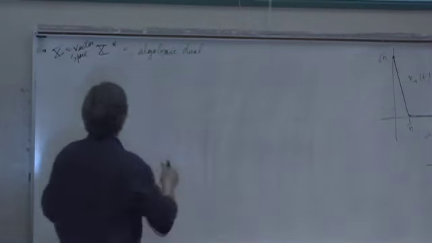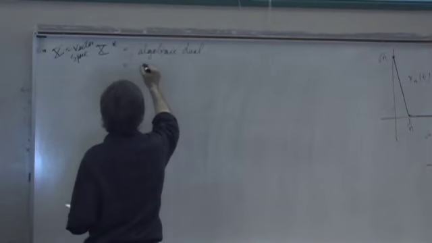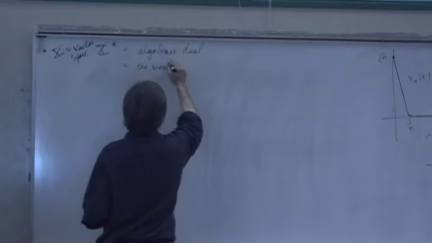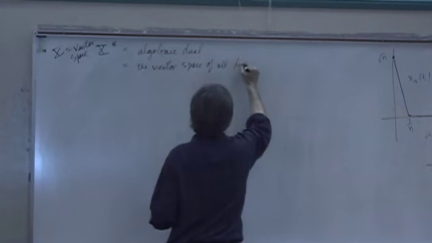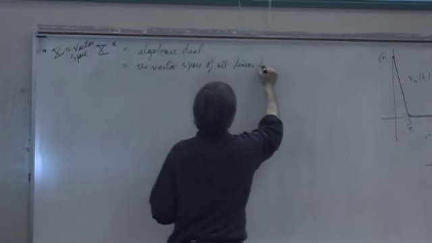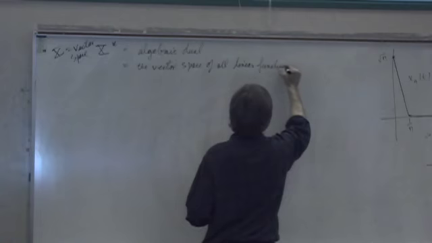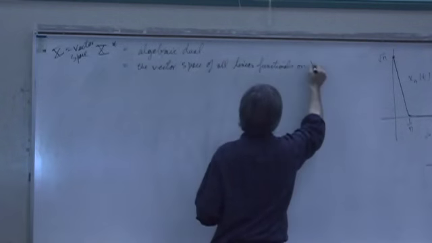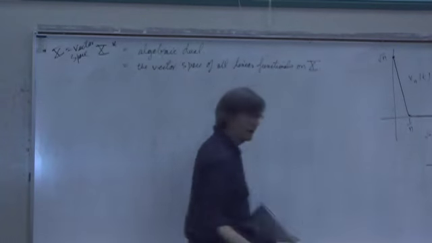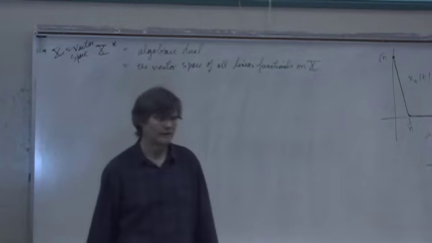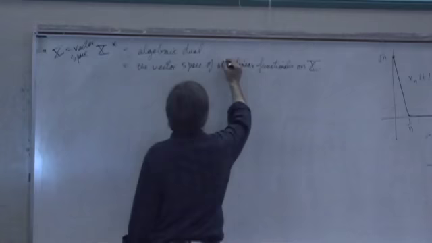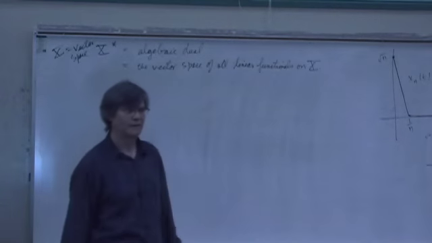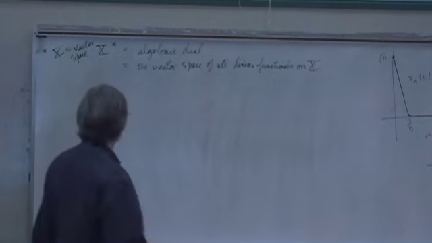This is simply the set, it actually turns out the vector space, of all linear functionals on X. Okay? Now, is that a vector space? It's almost trivial to check, but let's check it.